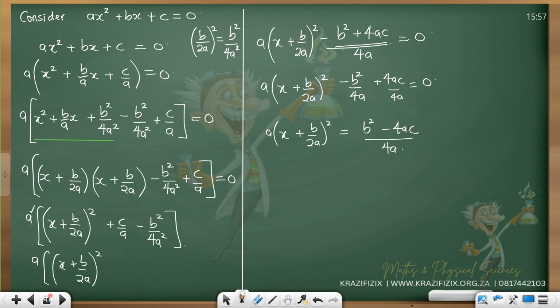All right. Here we would have what? C over 4a. Let's quickly do this. C over a minus b squared. All right. And what will this be? 4ac squared minus ab squared over 4a squared multiplied by a.